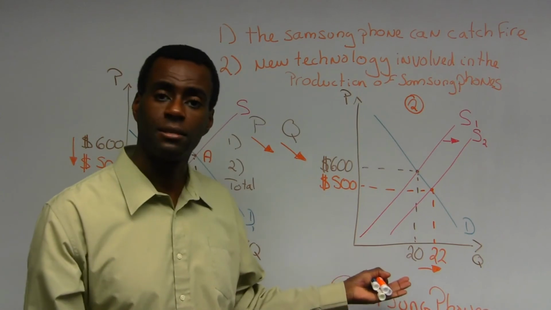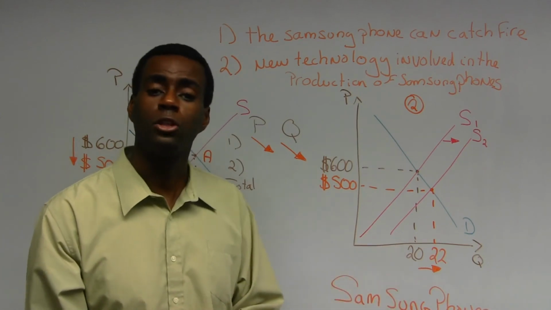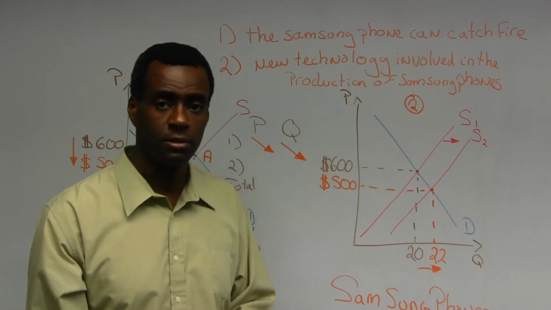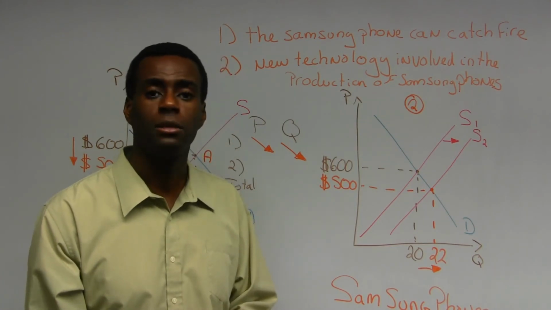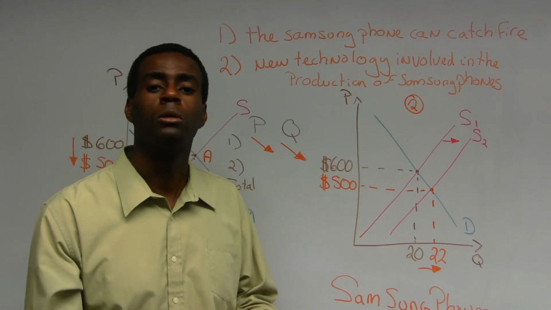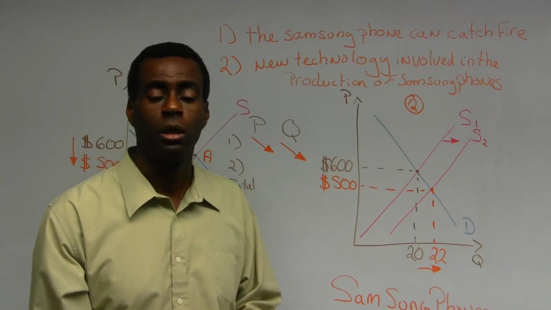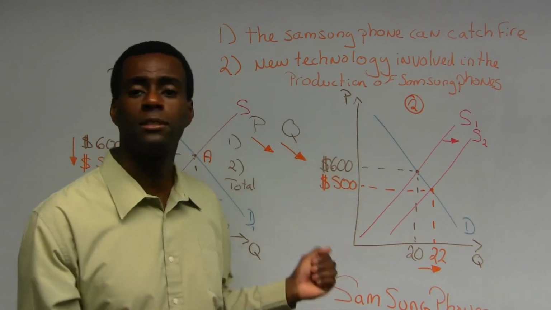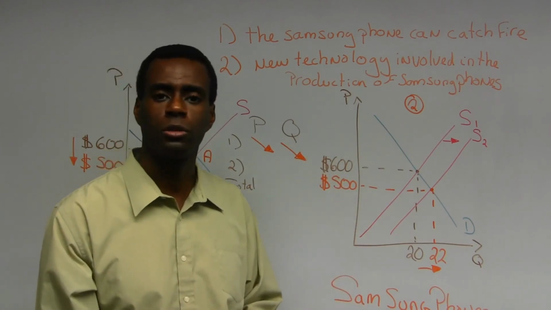This makes perfect sense, since the technology makes it cheaper for the producers to produce this good. They will tend to want to increase production. And because the technology lowers the cost, they might be able to pass on some of that to the customer.